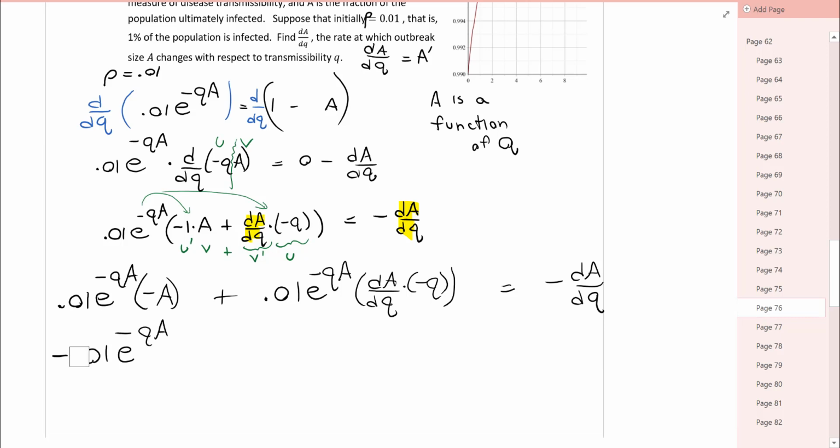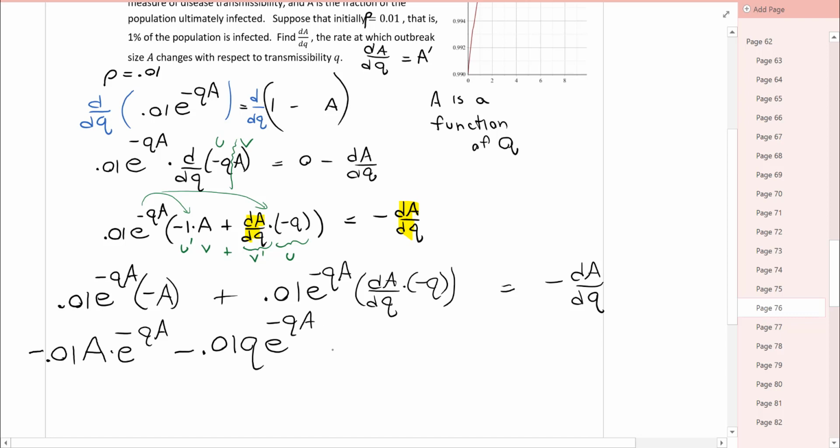Maybe I'll put the a in front. Minus 0.01 q e to the minus qa times dA/dq equals minus dA.